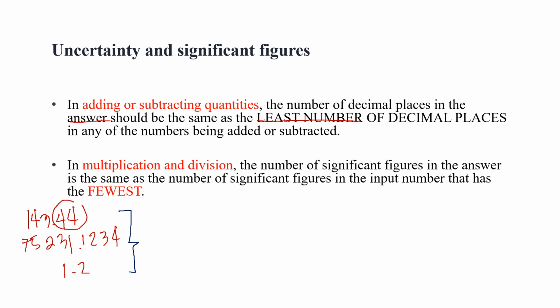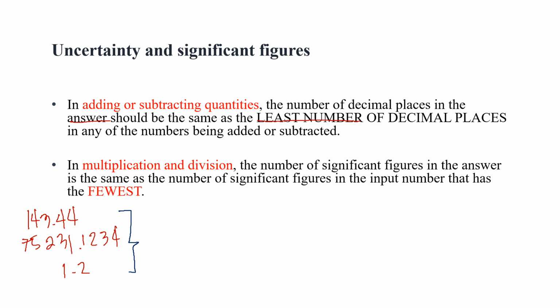Your next number has 4 decimal places, and your last number only has 1 decimal place. Looking at these numbers, you know now that your final answer should only have 1 decimal place.